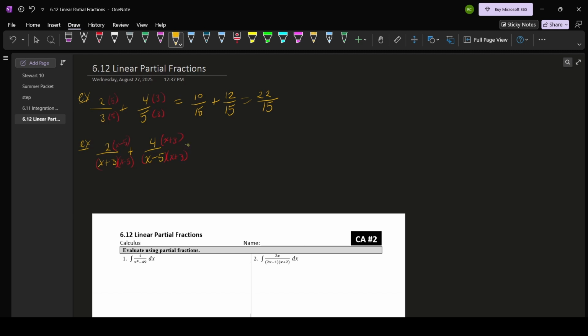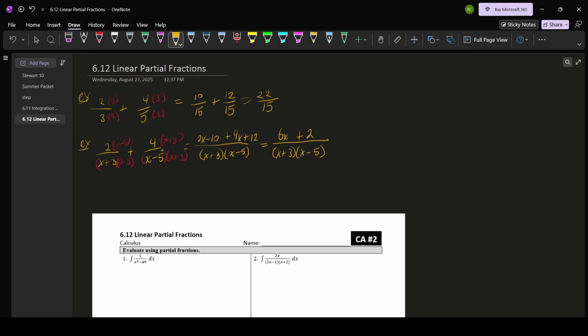Okay, so I'll leave the denominator factored because there's no need to multiply those two together. We can just leave it as x plus 3 times x minus 5. For our numerator, let's go ahead and distribute these so we can combine the like terms. So 2x minus 10 plus 4x plus 12. And this simplifies down to x plus 3, x minus 5 in the denominator, and 6x plus 2 in the numerator.